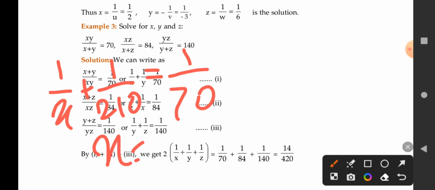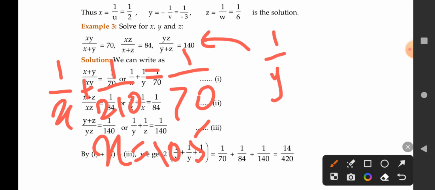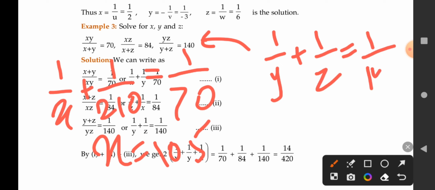So x is equals to 105, and now substitute in this one, that is 1 by y plus 1 by z is equals to 1 by 140. So what was y? Y was 210.